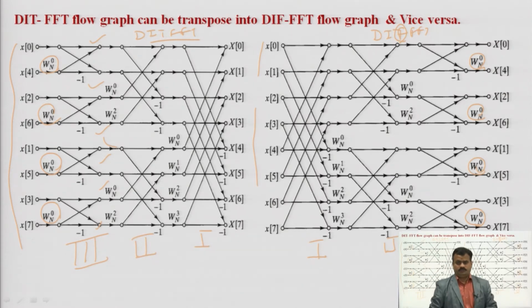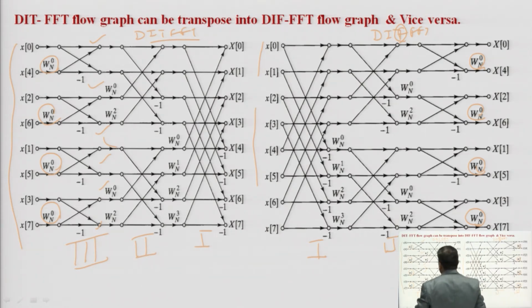Okay. And you can see what I am saying in this PPT, that these two structures are transposes of each other. Transpose means what? Interchanging. If your input and output are interchanged, if your directions are interchanged. Okay. So, that will be transposed.